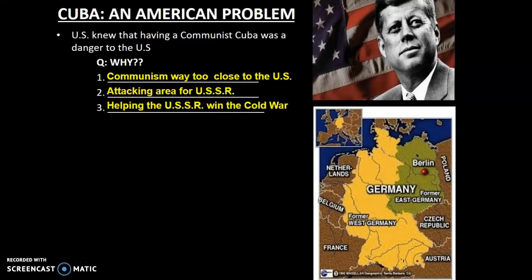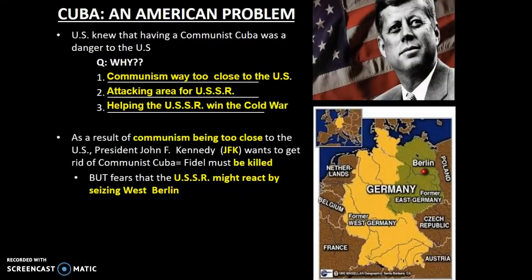So what is the United States going to do about this communist problem in its backyard? Let's take a look at the current leader of the United States, who is JFK. We've already talked about JFK because he was the American leader during the Berlin Wall crisis in Germany. As a result of communism being too close to the United States, President John F. Kennedy, also known as JFK, wants to get rid of communism in Cuba, even if that means killing the communist leader Fidel Castro.